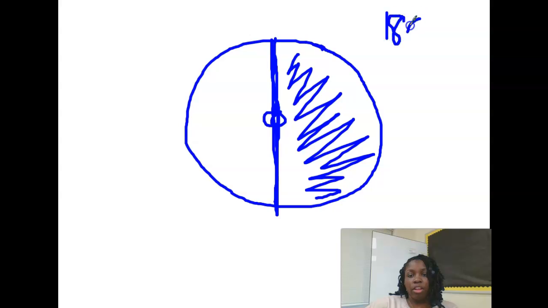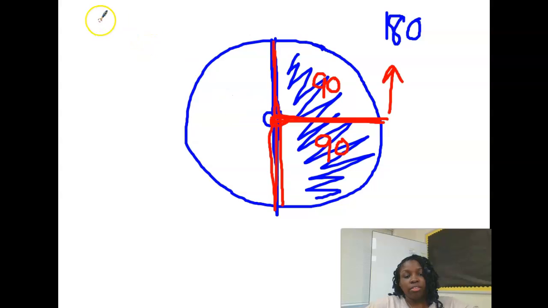Great, 180 degrees. However, you can look at it like this too. Before we said this was 90 degrees because it's a right angle. Isn't this a right angle too? Yes, it is. So what is 90 plus 90? Excellent, 180. So you can look at it two ways. You can see this is a straight angle, or you can break it apart into 90 degrees and 90 degrees, which is 180 degrees.